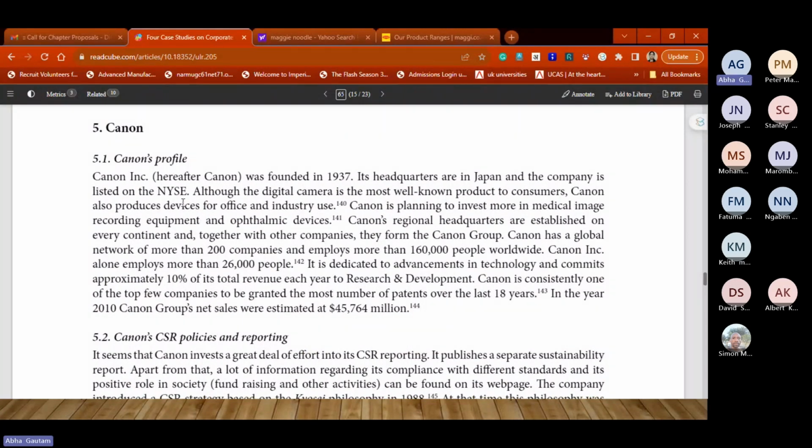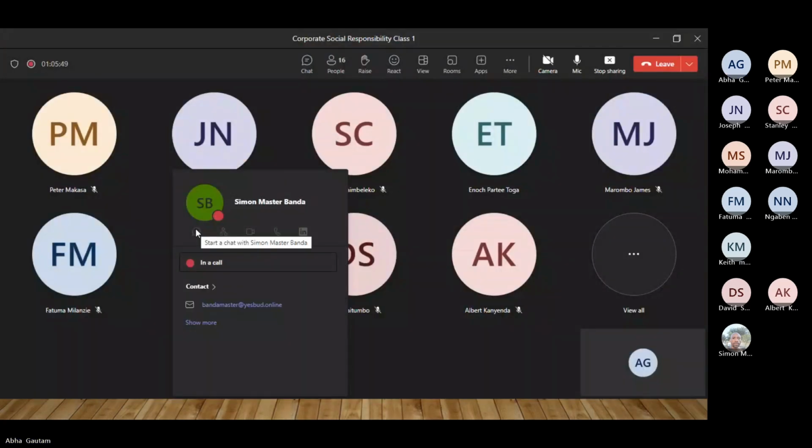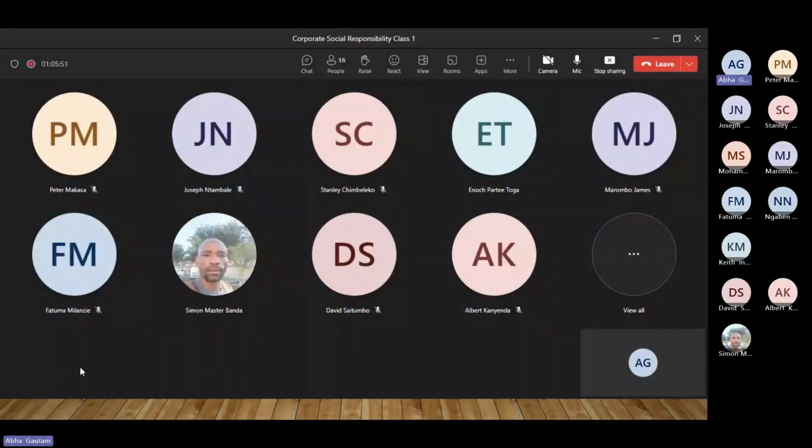So these are 4 case studies. You have to go through them, and one by one, I'll ask you questions in terms of corporate social responsibility from them. Are we on the same page? Yes, we are on the same page. Great. Has anybody got any doubts so far?